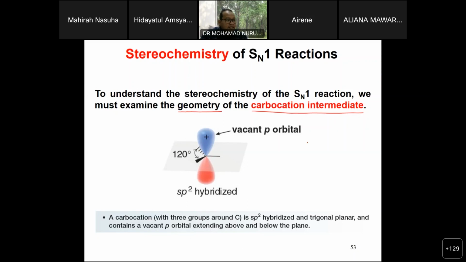Previously, in the beginning, we had sp3 tetrahedral, and after we remove the chlorine, the halogen group, it becomes sp2. This one is tetrahedral, and it becomes trigonal planar.